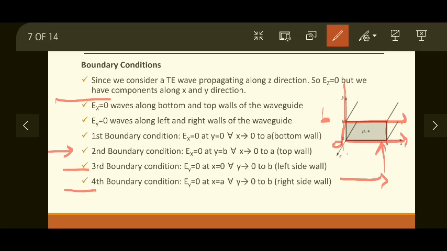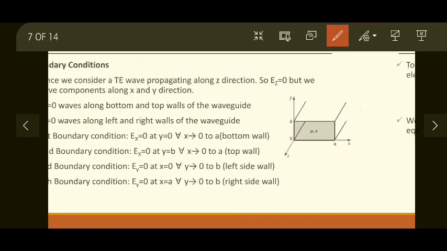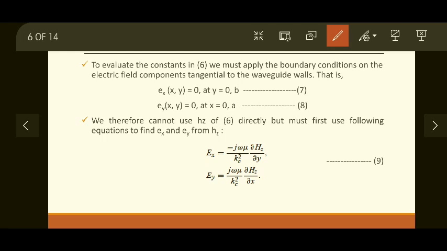So applying these boundary conditions on our equation, let's see how we are applying it. So Ex is 0 at y equal to 0 and b. That means, if we consider it again, this direction is the x direction.